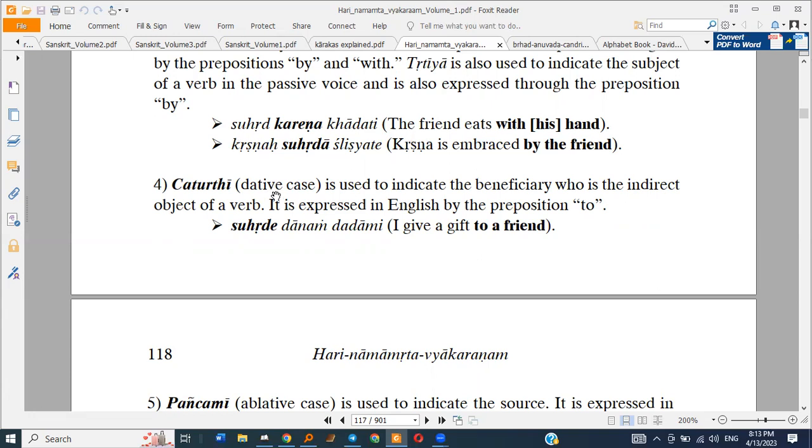Chaturthi is called the dative case, and it is used to indicate the beneficiary. So beneficiary is the person who is the recipient of the object of the verb.